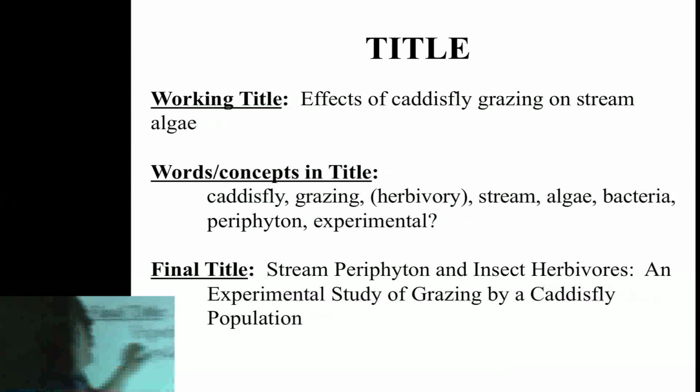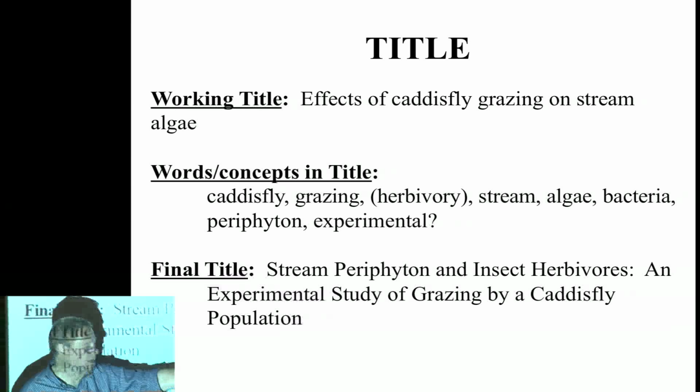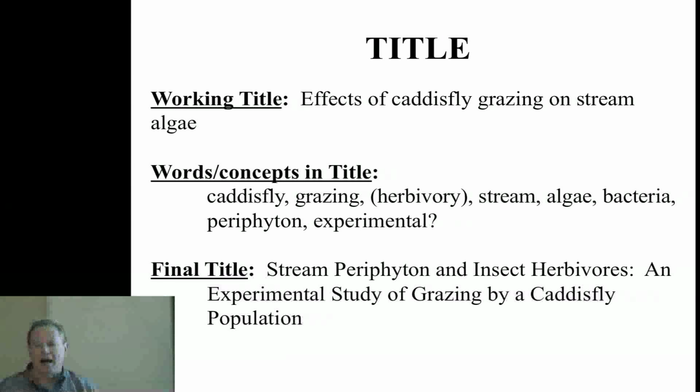An experimental study of grazing by a caddisfly population. In other words, we're constantly fooling around with the title. We're constantly changing it to try to come up with a title that is going to get people to read the article, that's going to convey information that may say, this is worth you reading.